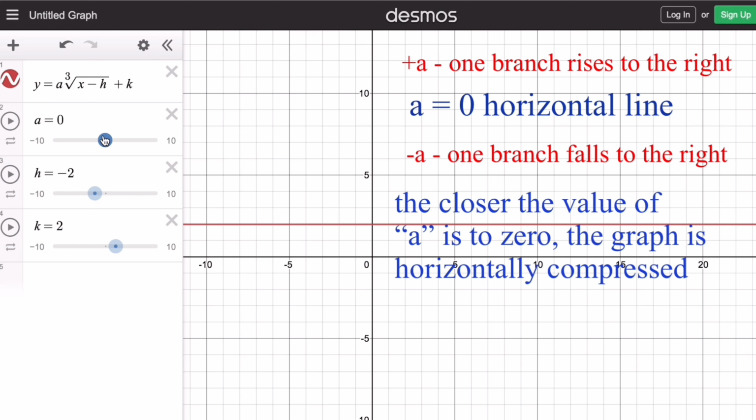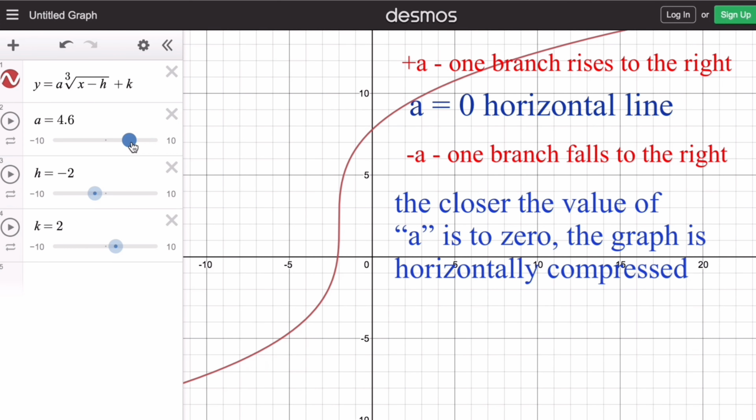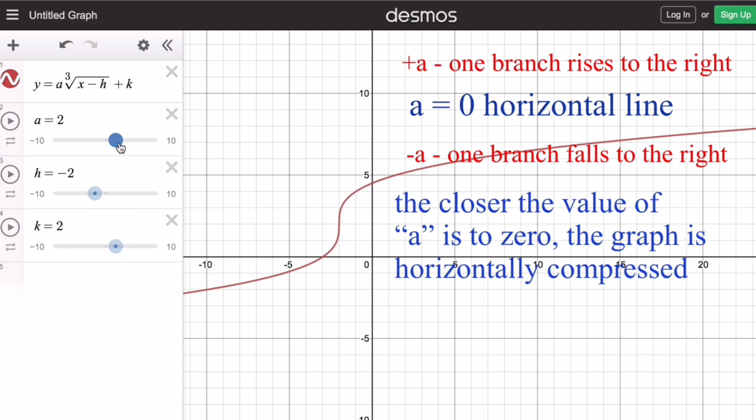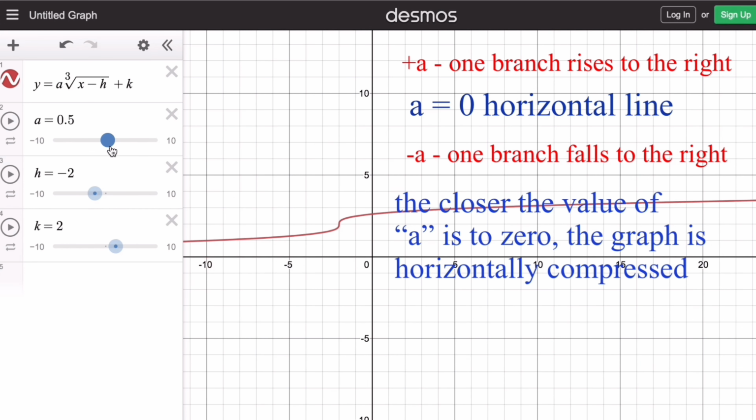It is the same on the other side: starting from a equal to 10, as it goes closer to 0, the graph again becomes horizontally compressed, more horizontal in shape.